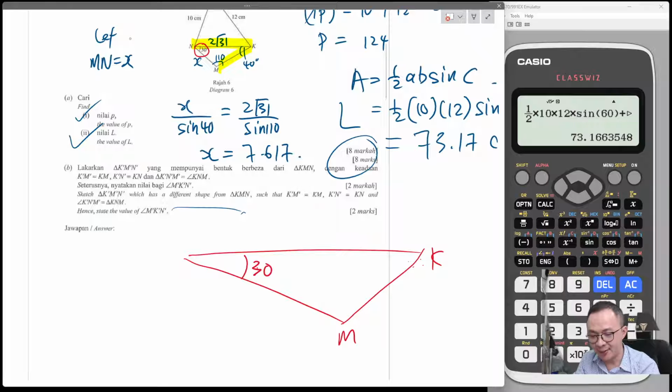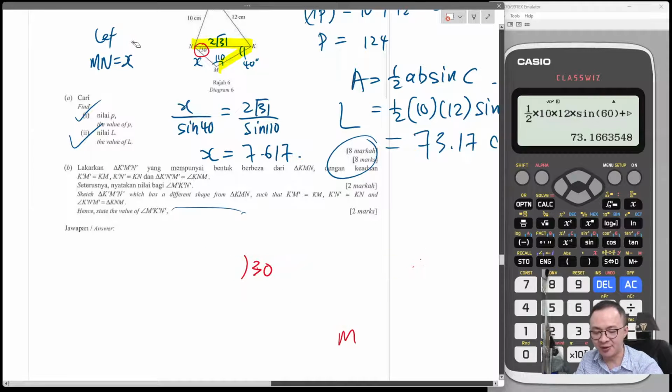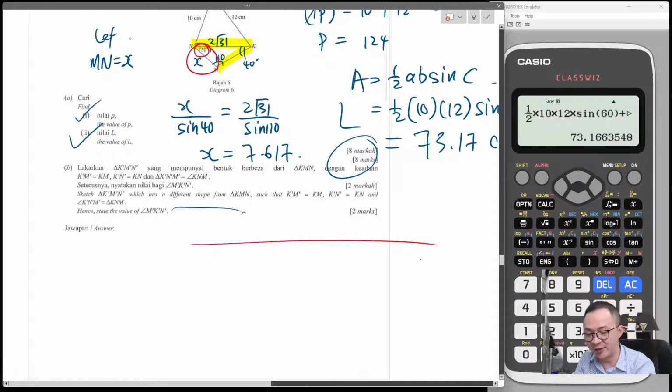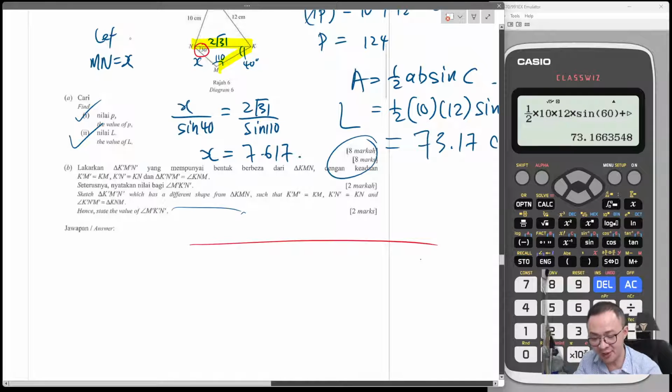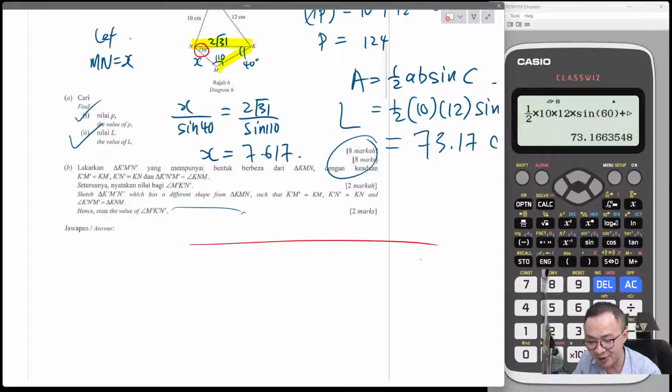This 30 degree, oh no, they want it to remain the same. Sorry. Then I will move only this line. I will move MK, right? Does the question say MKN must remain the same also?